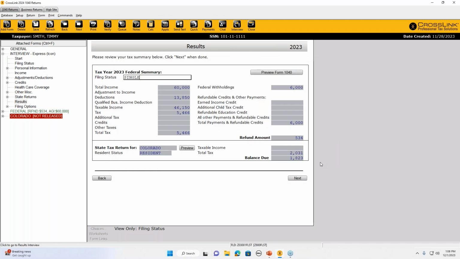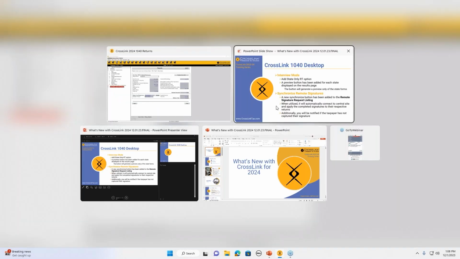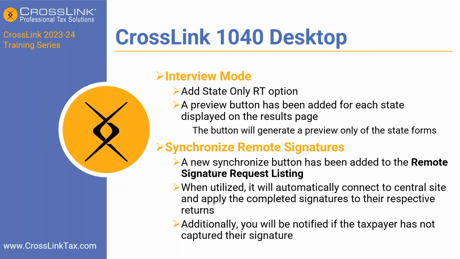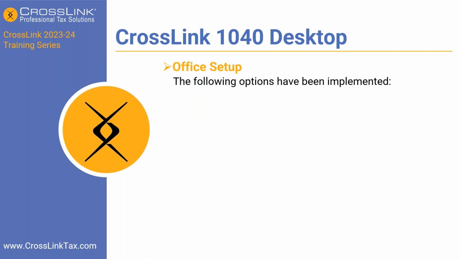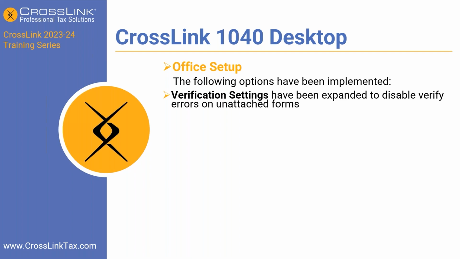Okay. Moving back on to our PowerPoint here, let's continue with some Office setup enhancements. Office setup has some new features that will allow you to enhance these settings within your return. The first setting that has an update is verification settings.